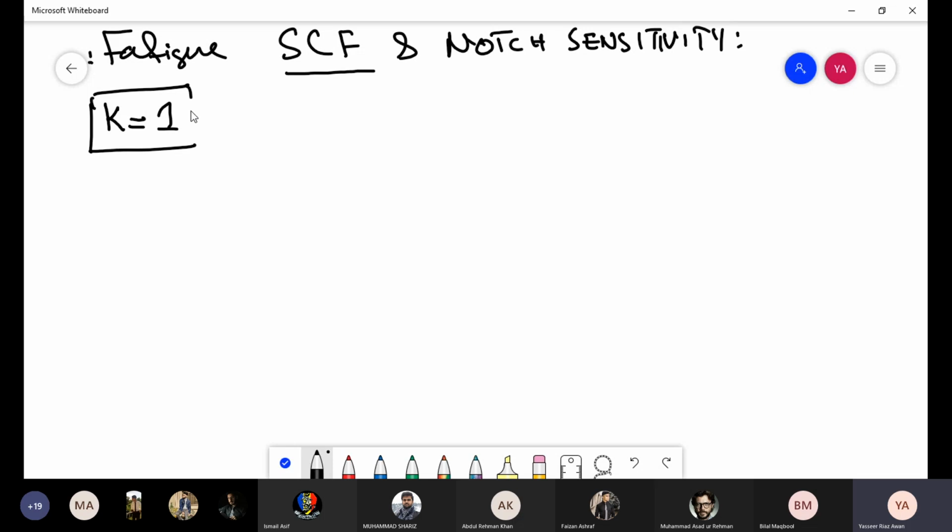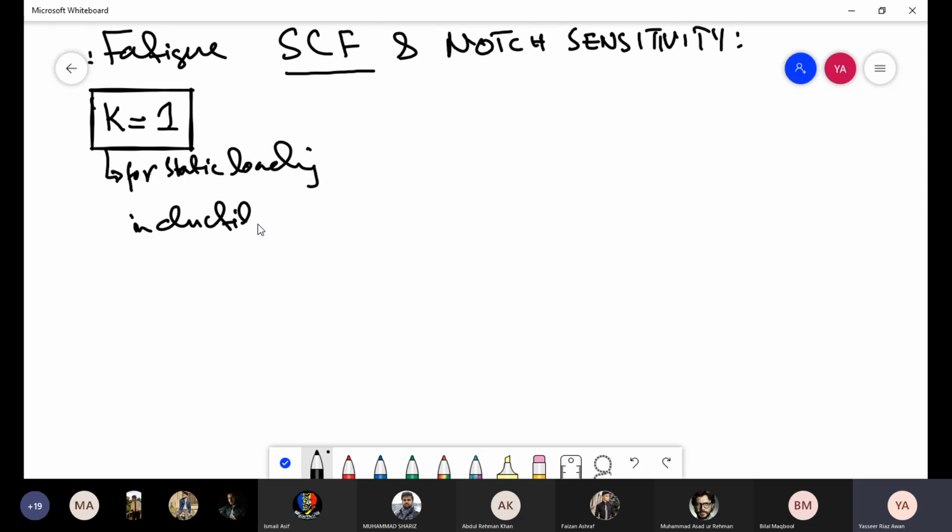Okay? We don't consider this stress concentration factor for static loading. So this is a particular case in ductile materials. Why do we take that equal to 1?